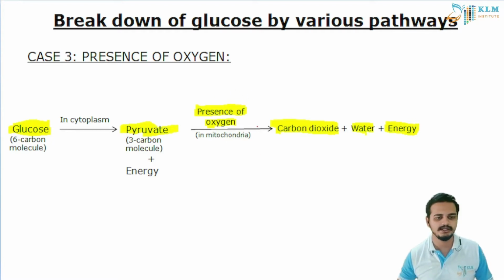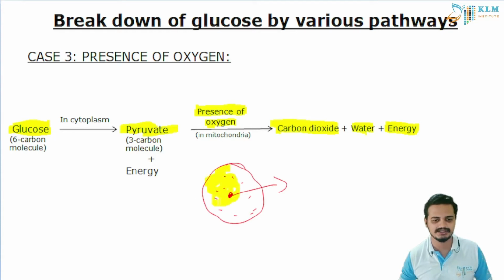So where is mitochondria? This is a cell. These are the cell organelles. There will be a nucleus. This is the nucleus. There will be ribosomes. The cell will be filled with cytoplasm.